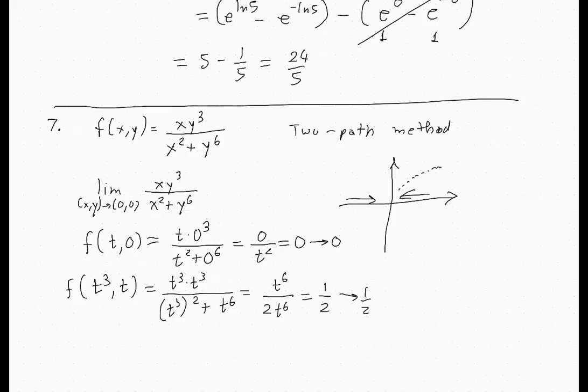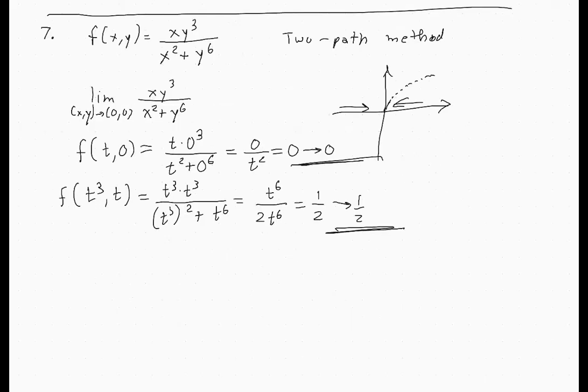The one limit that we found, the one feedback, if you like, from the one path that we chose was 0, the other is 1/2. They're different, which means there cannot be a unified behavior for this function as we're approaching the point 0, 0, which means that according to the two-path method, the limit doesn't exist.